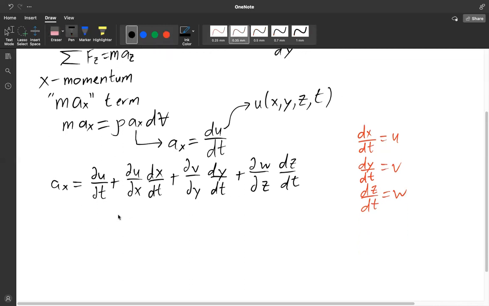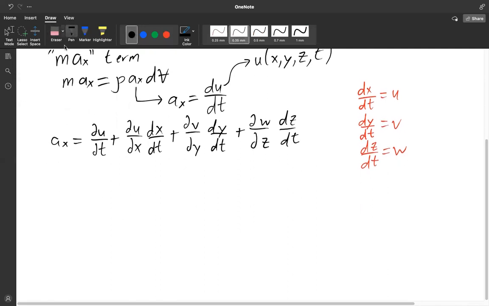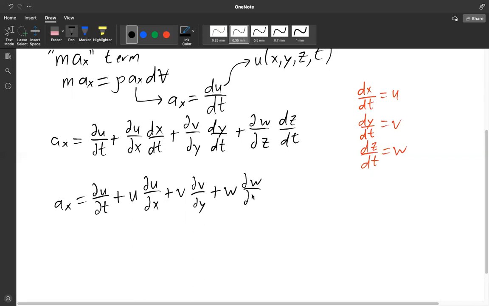So our acceleration equation will look like this. ax equals partial u partial t plus u partial u partial x plus v partial u partial y plus w partial u partial z, where partial u partial t is our local acceleration, and the last three terms are our convective acceleration.